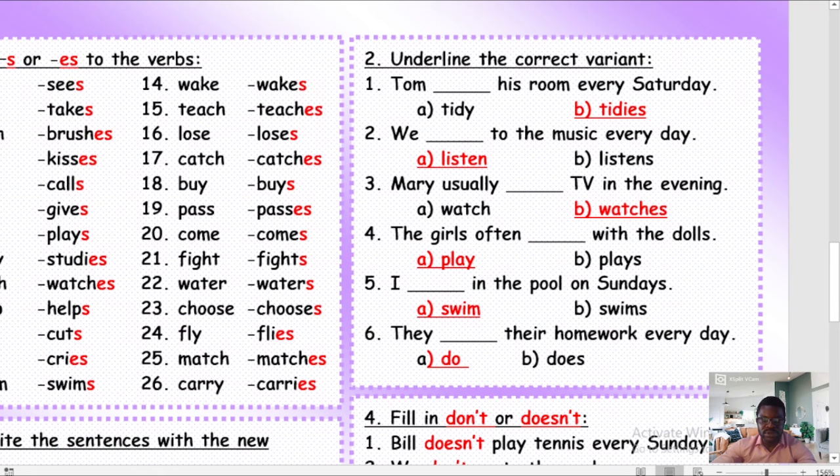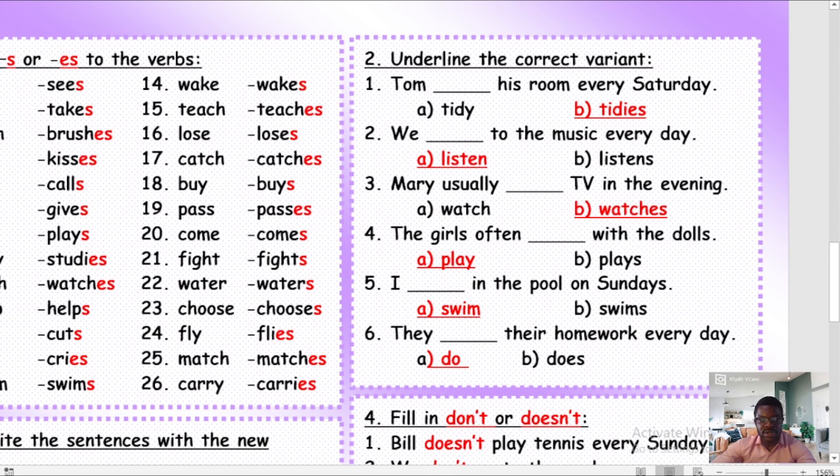Number 8, when we have study, you see we have D before the Y, and D is a consonant. So we have to change the Y to I, and then we add ES. It becomes studies. We change the Y to I, then we add ES. So we also got watch, which ends with CH.